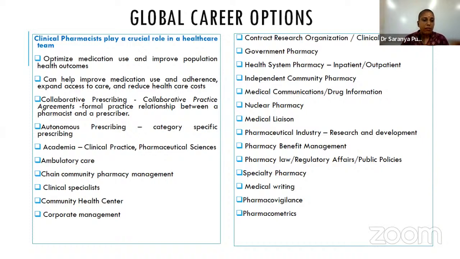So here is the list: academia, ambulatory care, chain and community pharmacy management, clinical specialist, community health center, corporate management, contract research organization, health system pharmacy for inpatients as well as outpatients, medical communications, nuclear pharmacy, medical liaison. All these are global career options. Medical writing, pharmacovigilance, pharmacometrics will be discussed in detail in the next session by our colleague. I'm going to tell you in brief about these global career options.